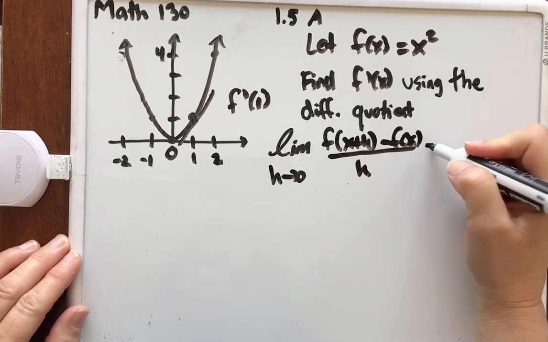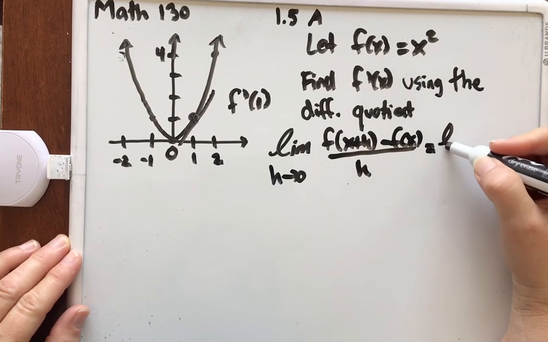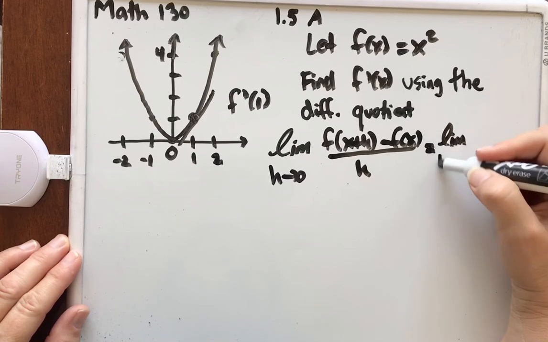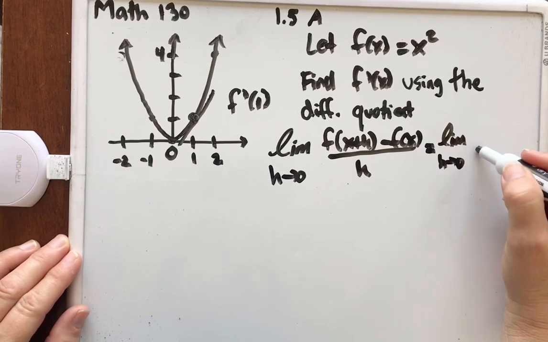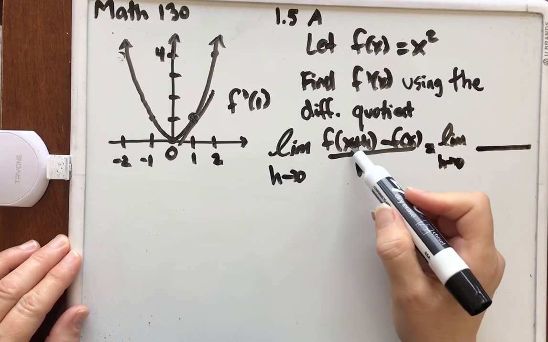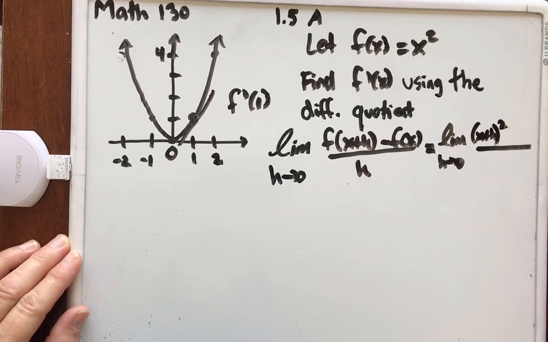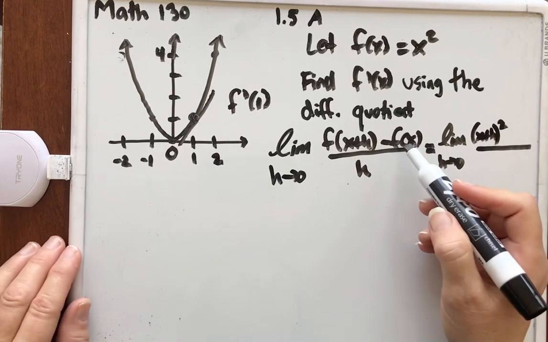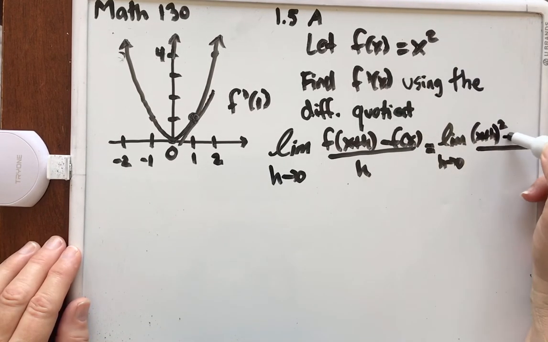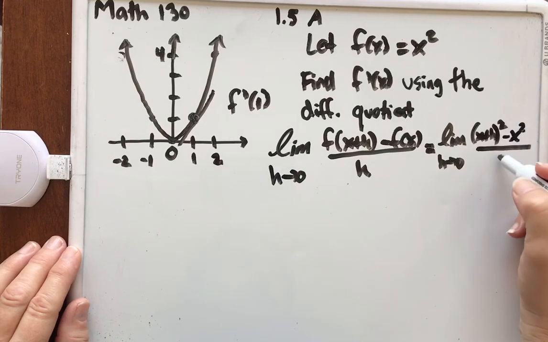Okay, now in our situation, we're going to write limit again, h approaches 0. We're going to put this x plus h into the x squared. x plus h squared minus f of x, which is x squared, all over h.